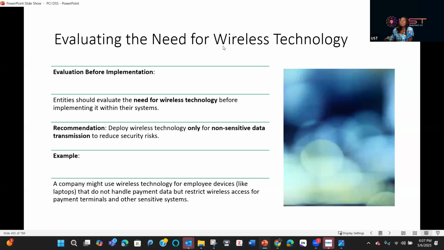Then also evaluating the need for wireless technology. Entities should evaluate the need for wireless technology before implementing it within their systems. They need to deploy wireless technology only for non-sensitive data transmission to reduce security risks. A company might use wireless technology for employee devices like laptops that do not handle payment cards, but restrict wireless access to payment terminals and other sensitive data.